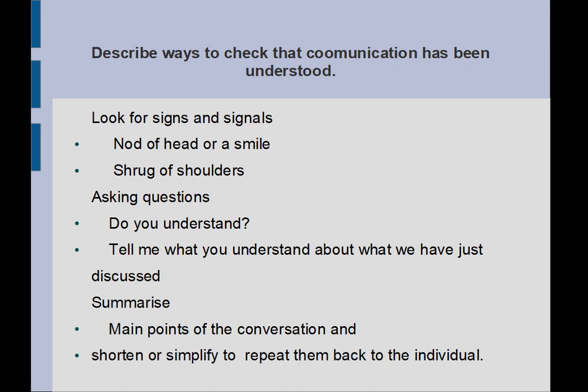All right, so a few that I've given for examples could be looking for signs and signals that people have understood, like with body language and facial expressions, whether people are nodding their heads along with you or smiling or shrugging their shoulders. If they are frowning or have a blank, confused look on their faces, then you know that they maybe don't understand and you should try another method.